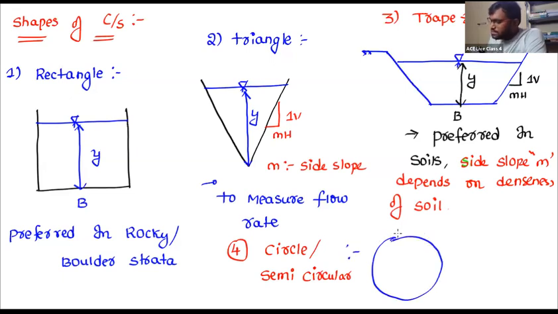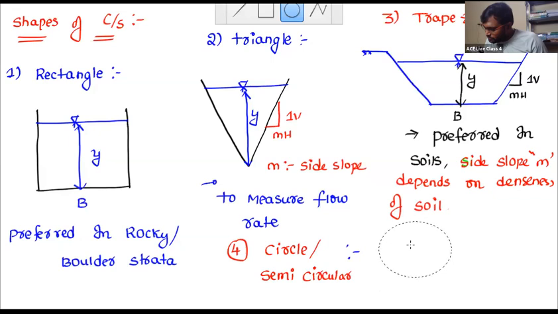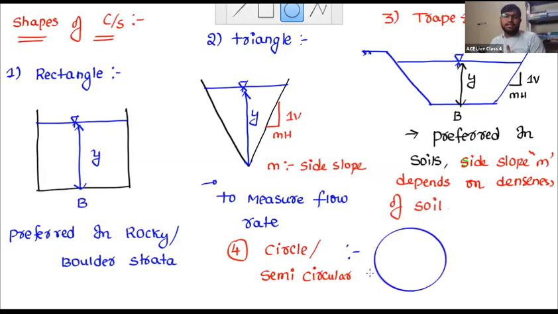but when you go for the circle, my dear students, is it a closed section or open section? Closed section, yes or no? So this is a circular section, right? But in a circular section, are you going to allow it to flow full or partial?